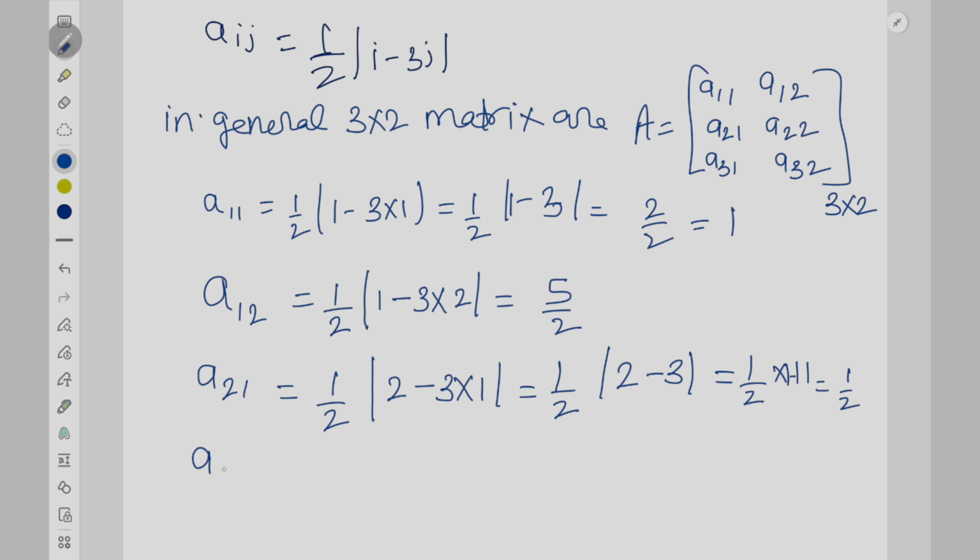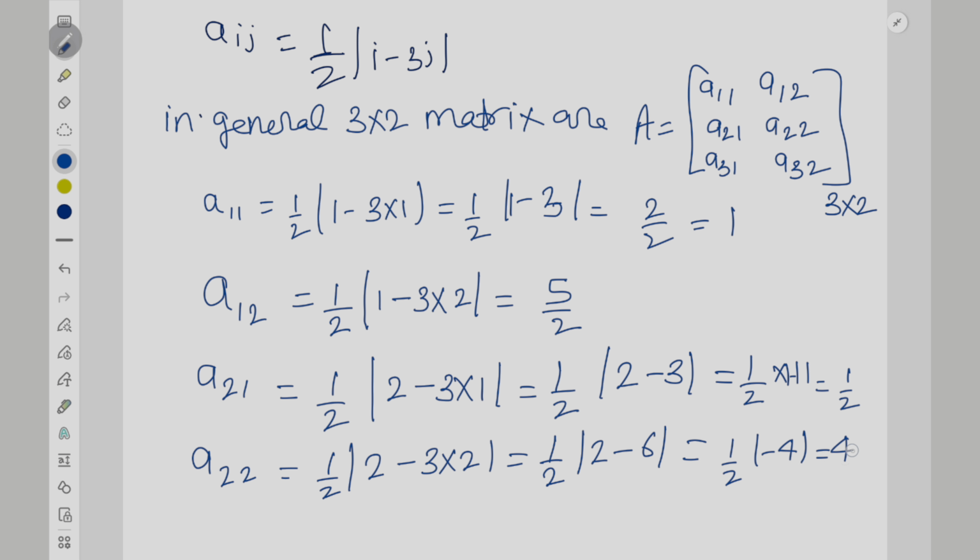A22 is equal to 1 upon 2 times the modulus of 2 minus 3 multiplied by 2, which is 1 by 2 times the modulus of 2 minus 6, which is modulus of minus 4, so 4 by 2 is equal to 2.